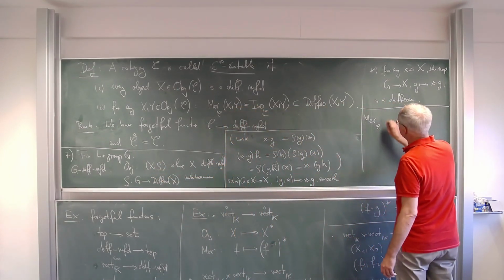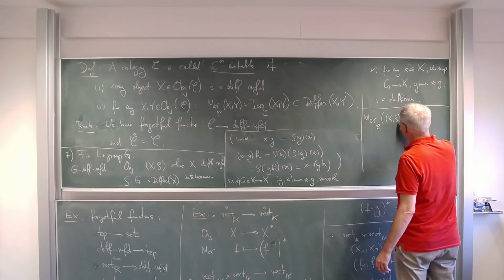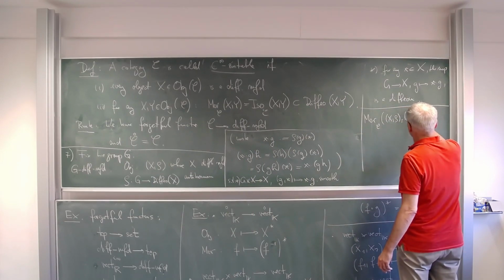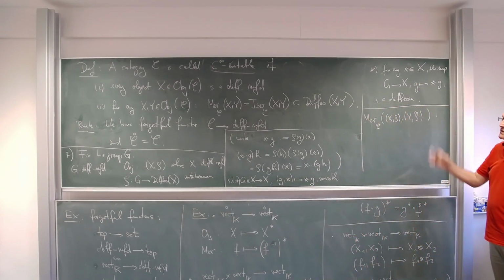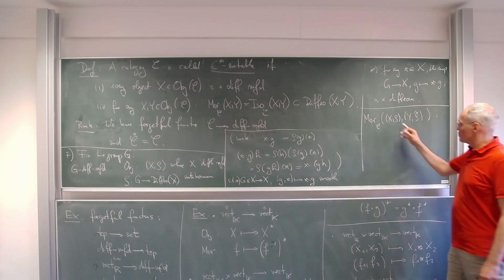So a morphism from X, rho to Y, rho tilde is just one smooth map or diffeomorphism that preserves the group action.